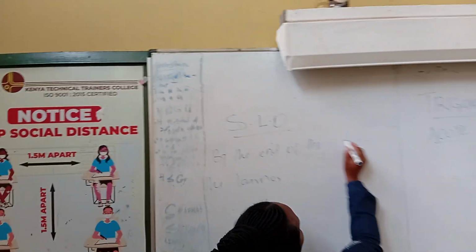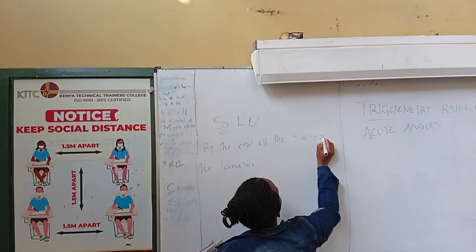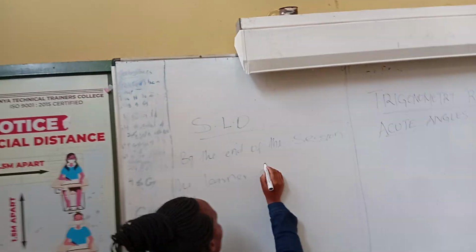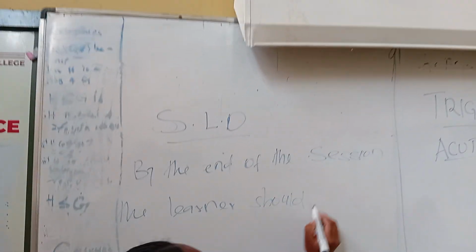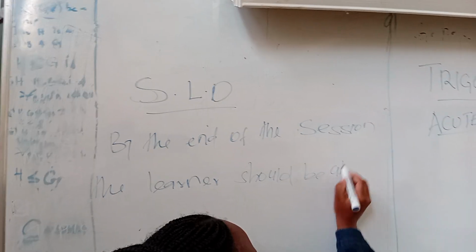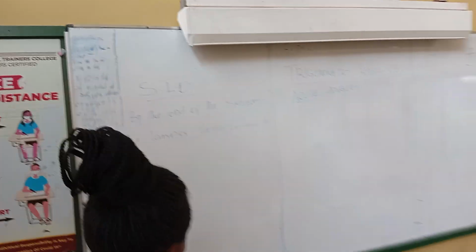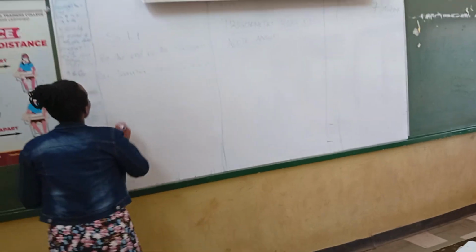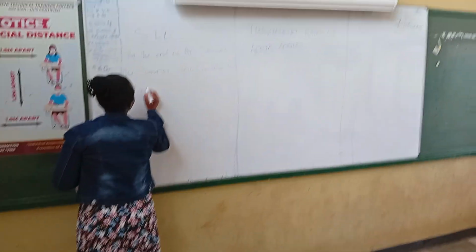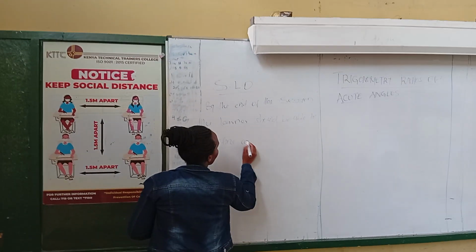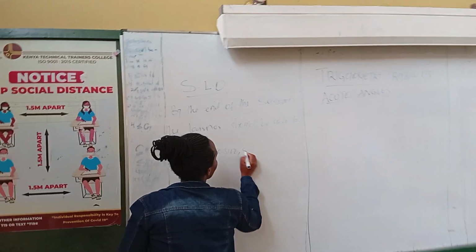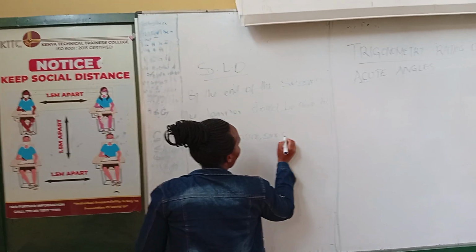By the end of our session, the learner should be able to, first of all, define cosine, sine, and tangent.